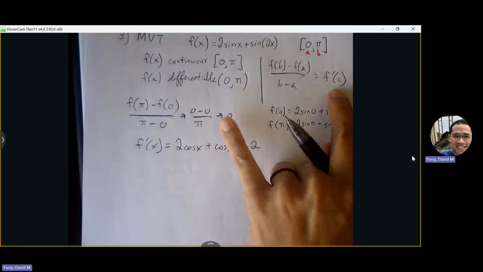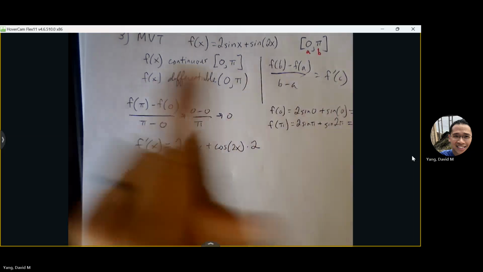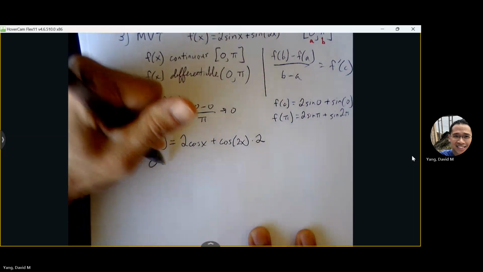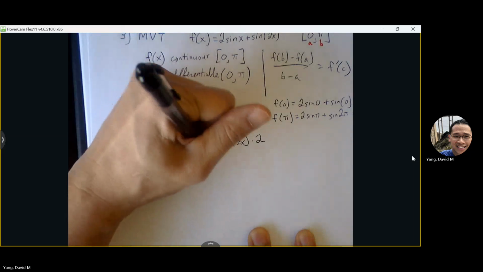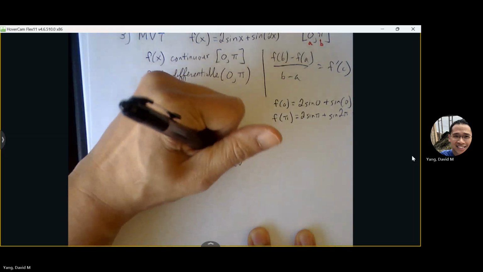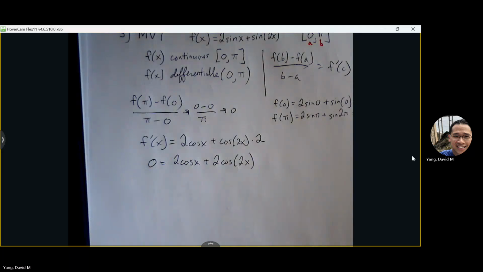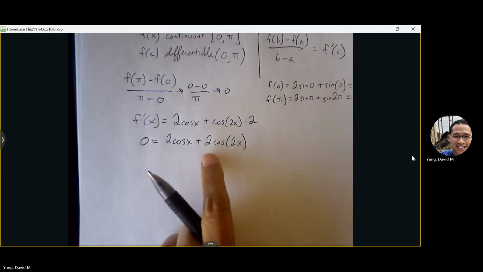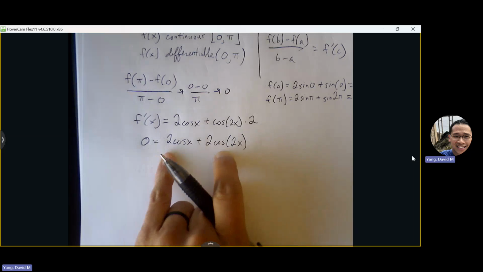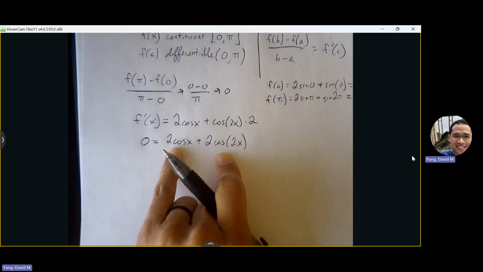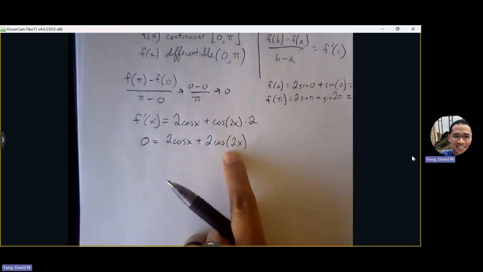We're just going to set them equal to each other and go from there. Now, I want to get this out of double angle so that I can go through my potentially factoring process.